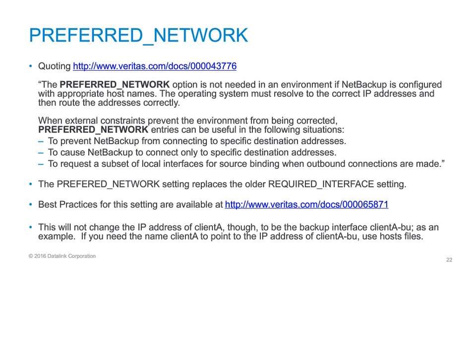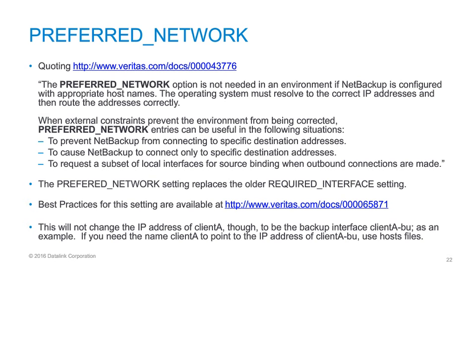NetBackup years ago put in a required interface setting that would allow an operating system to route traffic over a different interface if there was some obstacle to using the routing tables to get the traffic going over the correct interface. The required interface setting has now been deprecated, and there is a preferred network setting that replaces it.